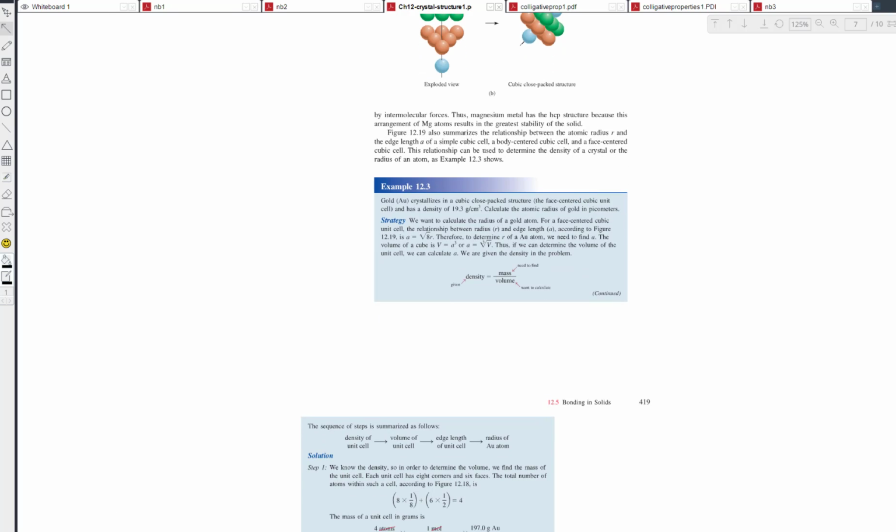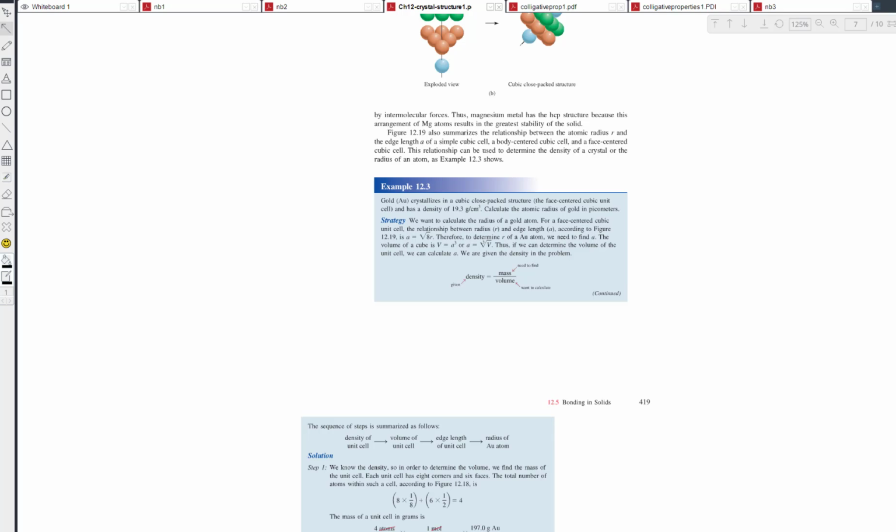What is 12.47? Read that. It's asking: vanadium crystallizes in a body-centered cubic lattice. How many vanadium atoms are in a unit cell? I guess in this case it didn't matter what it was, vanadium or whatever.